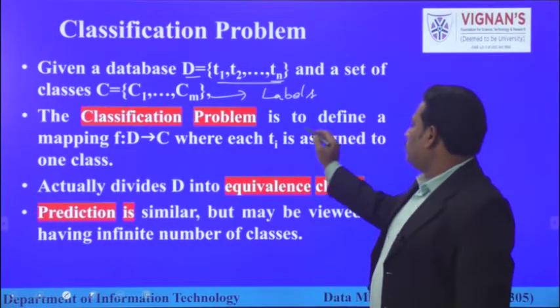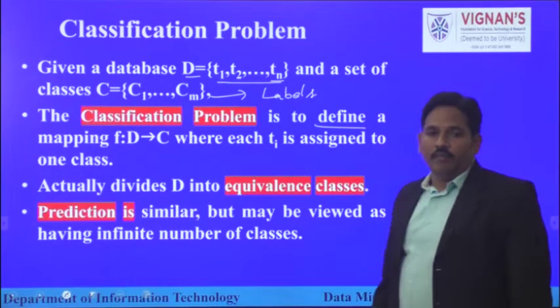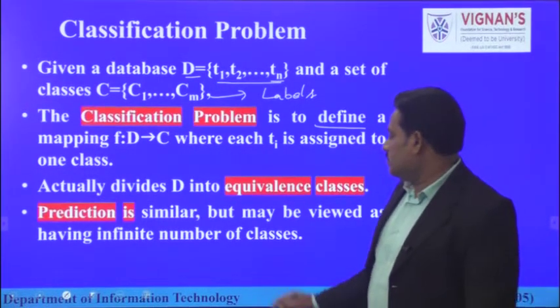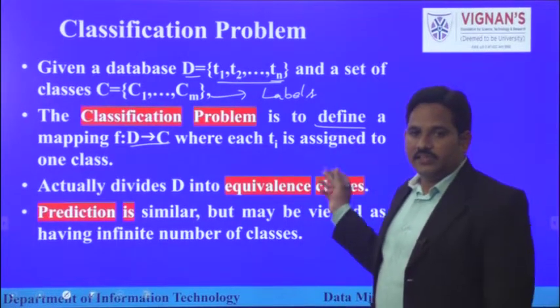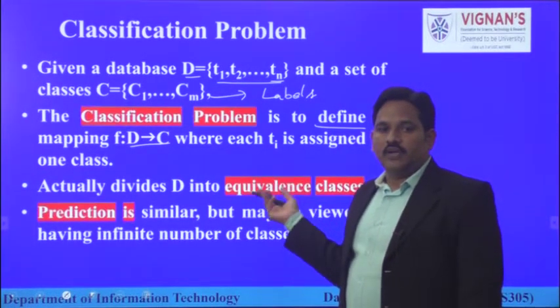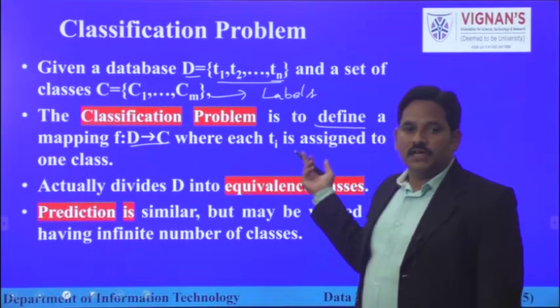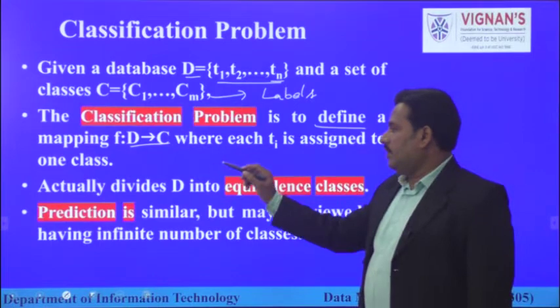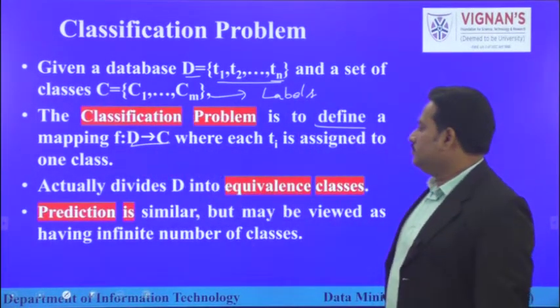Now the classification problem is to define a mapping between data and class labels, that is D to C. In the previous example, data is the student marks, and C is the class label, pass or fail. So here we are creating a mapping between D and C.